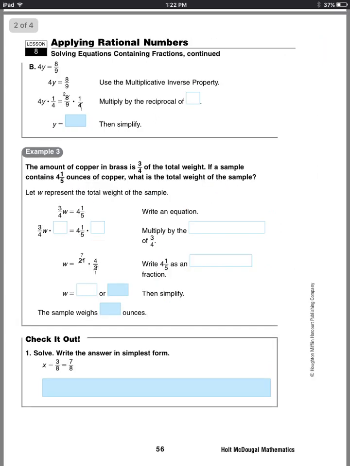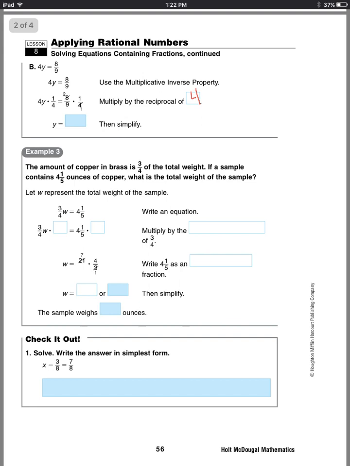Now, we are going to be looking at this problem. The 4 and the y has a coefficient multiplied by a variable, so we know we're multiplying. The opposite of multiplying is dividing. So we're using the multiplicative inverse property because we are going to be multiplying by the reciprocal of 4. Okay?